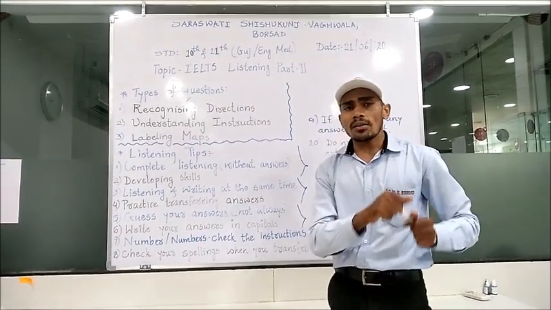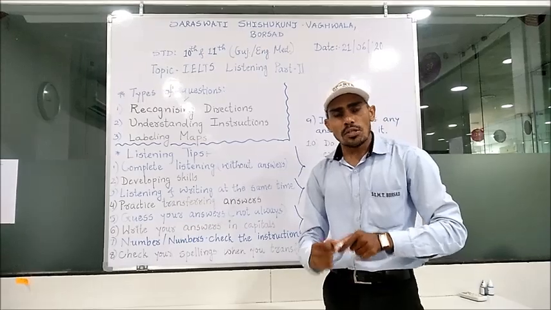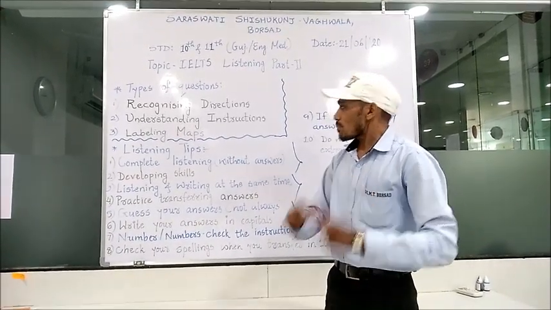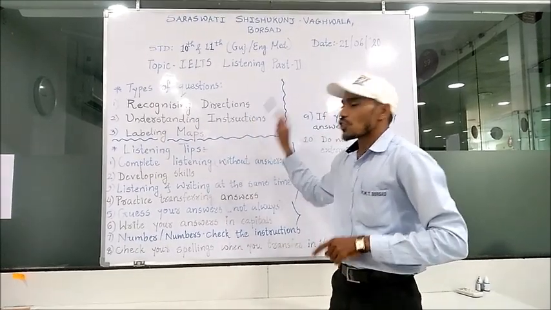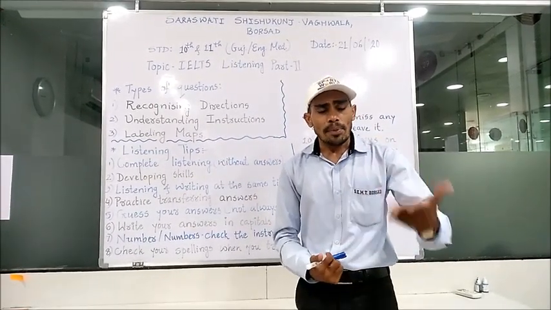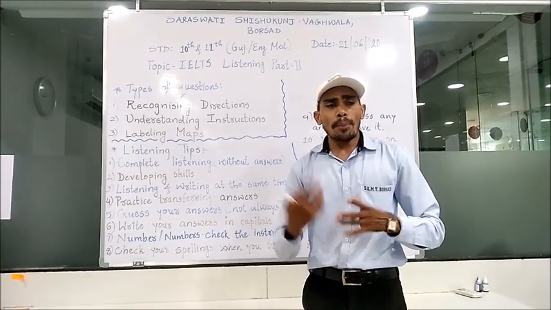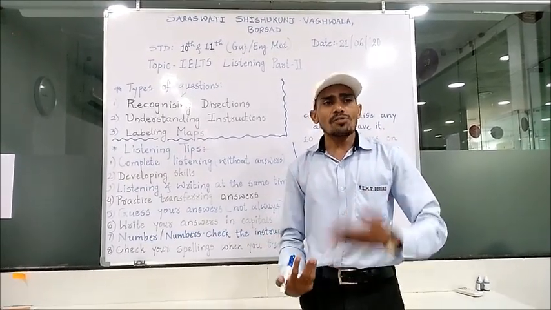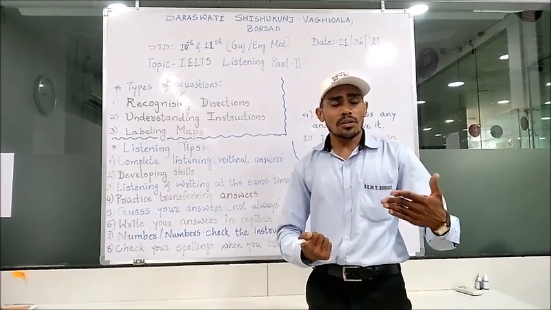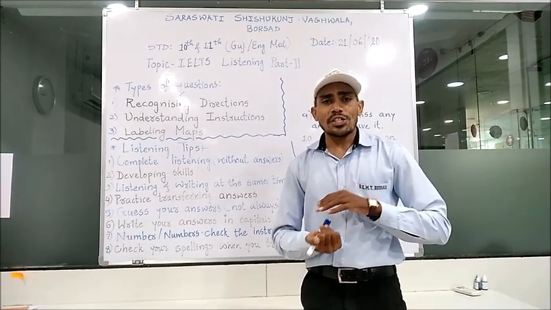The second type of question students that we have in IELTS listening part 2 is understanding instructions. Many times in listening part 2, a guide gives instructions on where you need to reach your destination.